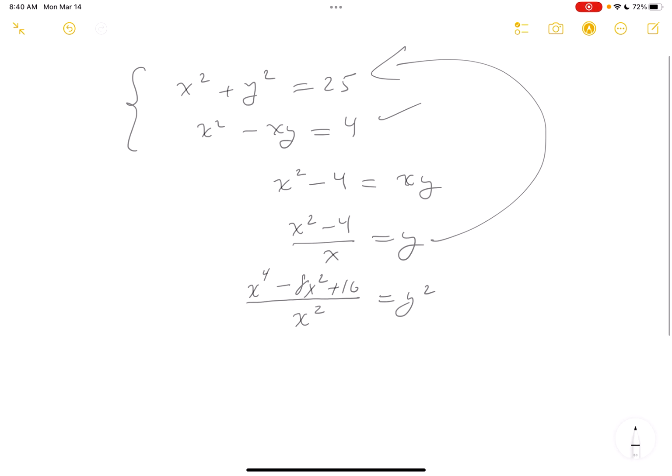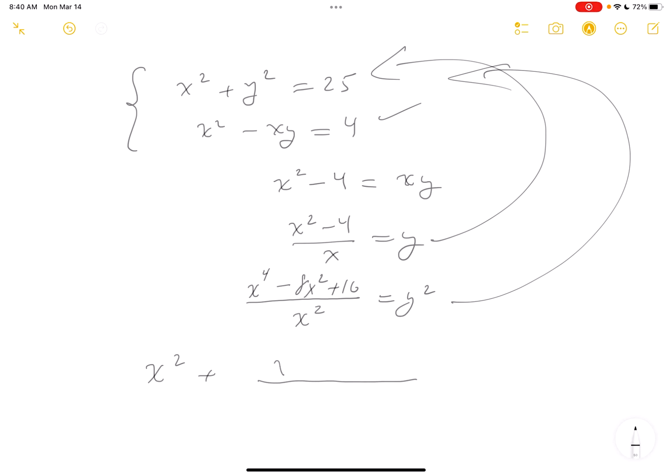All right, so let's again put this into the first equation. And what do you get? You get x squared plus y squared, which is (x to the 4th minus 8x squared plus 16) over x squared, equals 25.